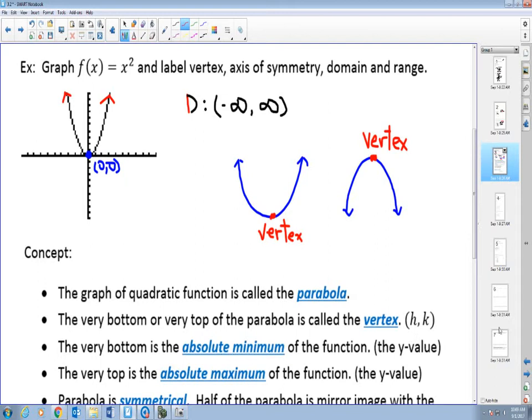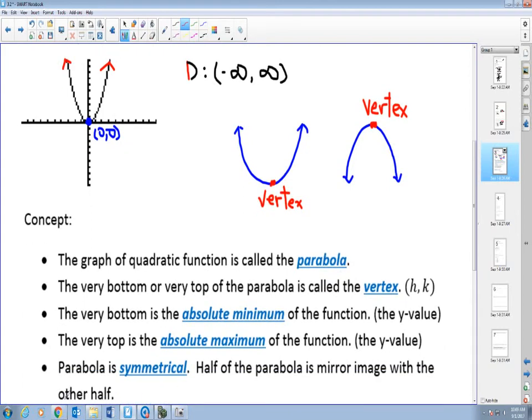What is the minimum? That's referring to the y value. If my parabola opens downward, then my vertex will become the absolute maximum. That's the highest point of my parabola. So the maximum refers to the y value.